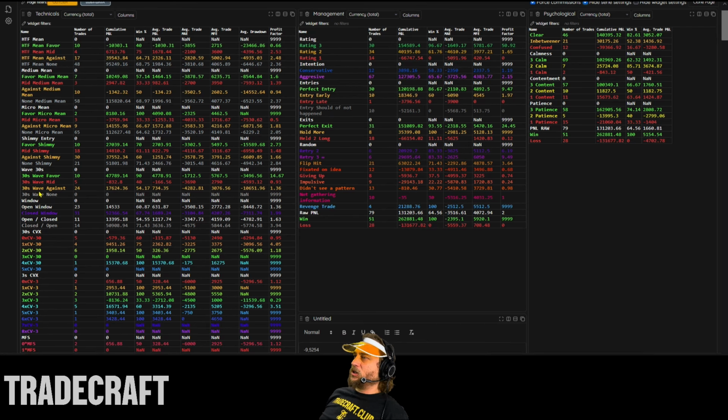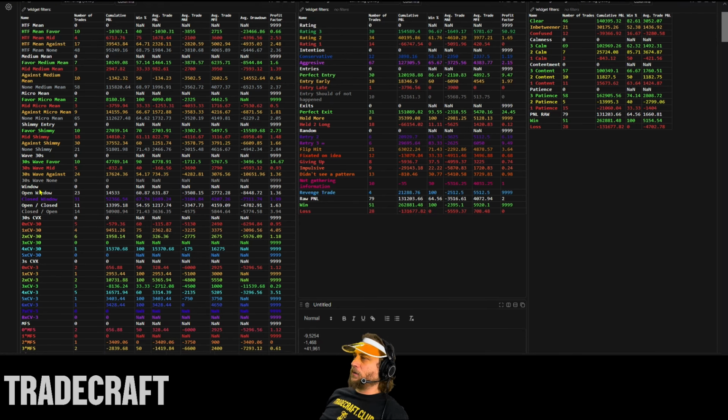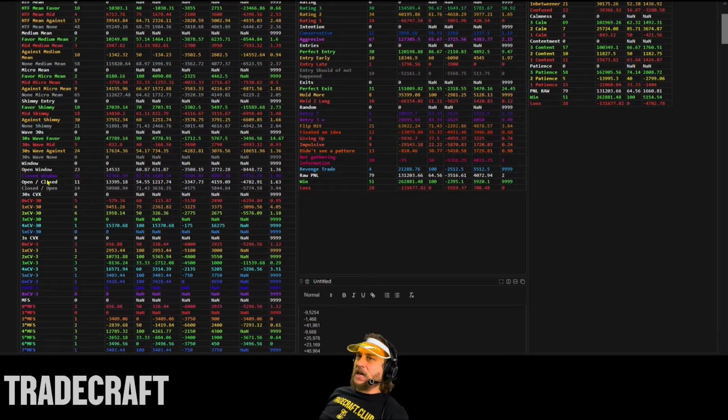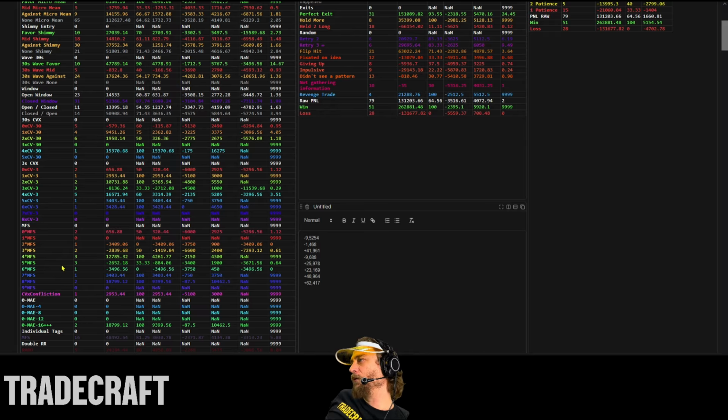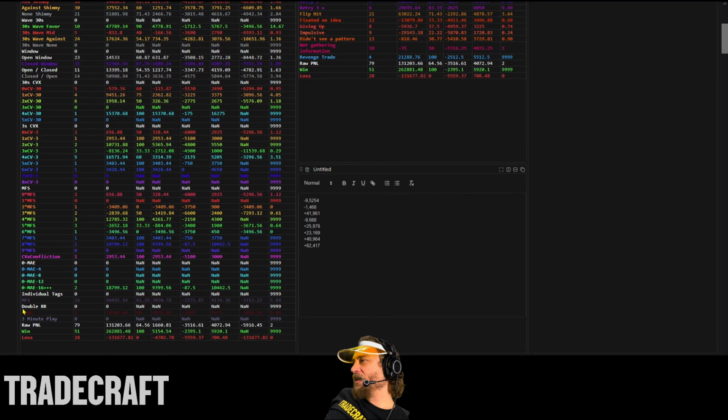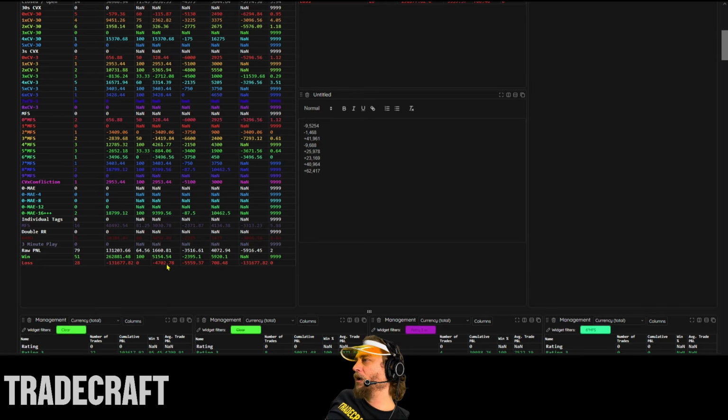Here are the shimmy entry techniques, the waves, which I've gone over, the time of day. So the first and last 10 minutes of the day versus the rest of the day. The factors of support on the 30-second, 3-second, the total multiple factors of support, MFS, double R, Rabo trades, which are really hard to see. We can change the color of that. 3-minute plays, and then I put in raw P&L, win, and loss.